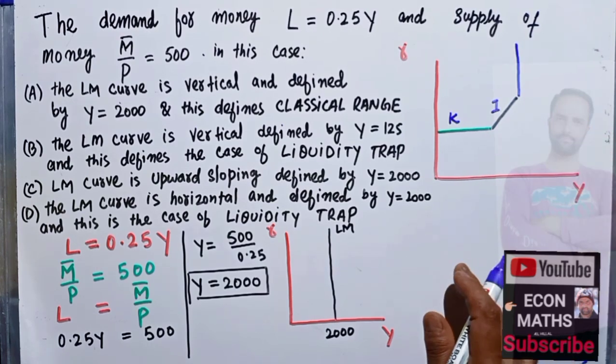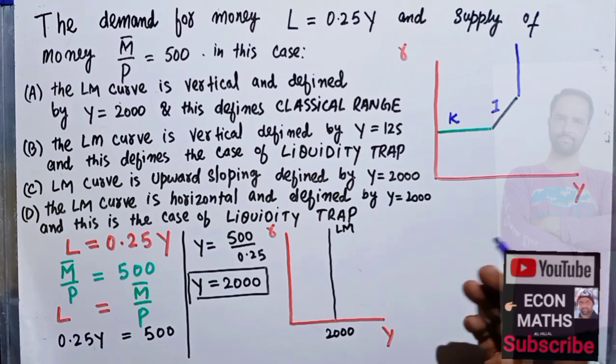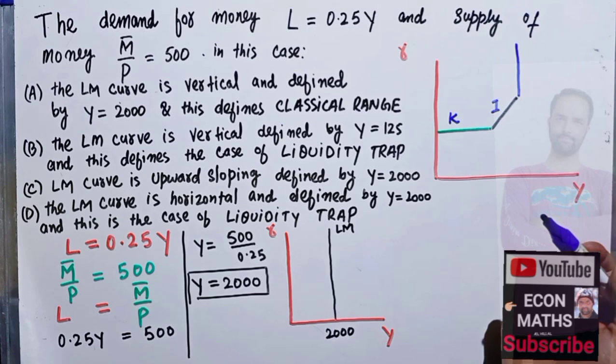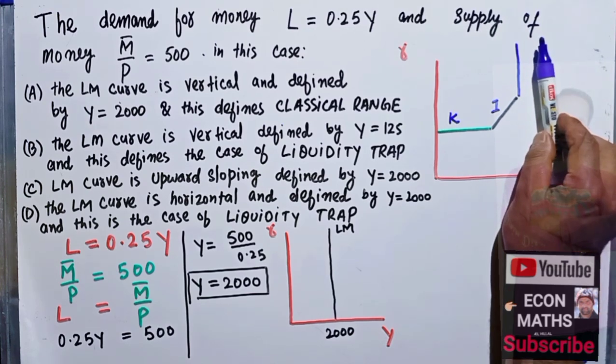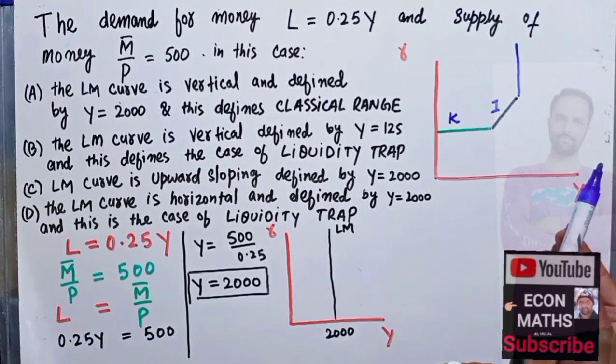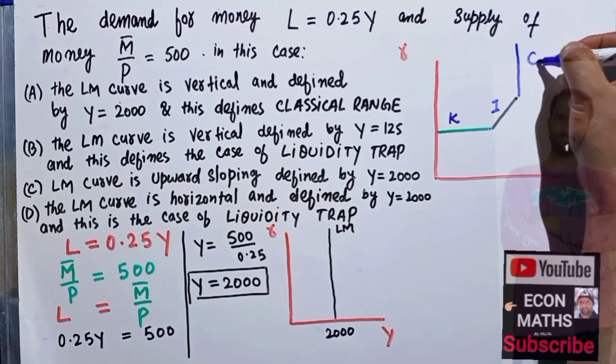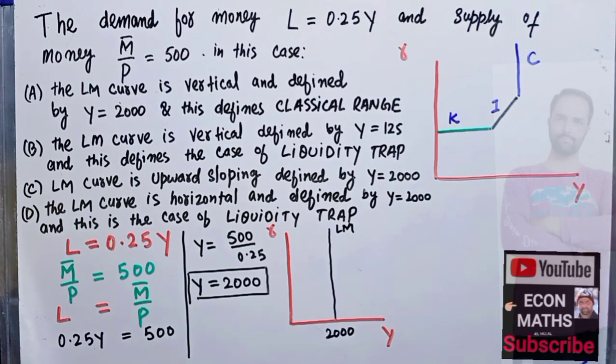And when the LM curve is vertical, by vertical what we mean here is that the LM curve is perfectly inelastic, meaning that demand for money is perfectly inelastic. There is no change in demand for money with the change in interest rate, and this denotes our classical range. Since we got y equal to 2000, we got a vertical LM curve, which denotes the classical range.